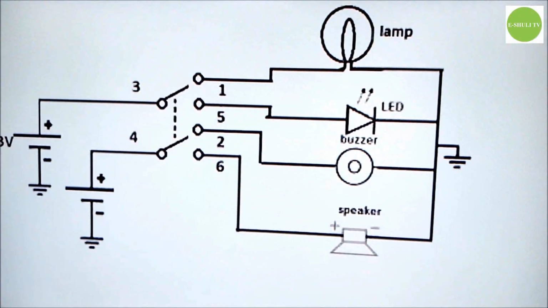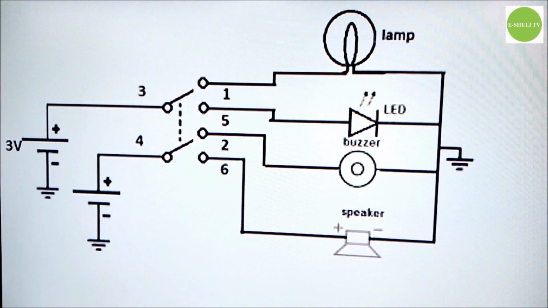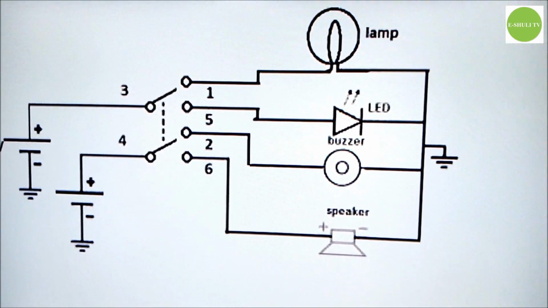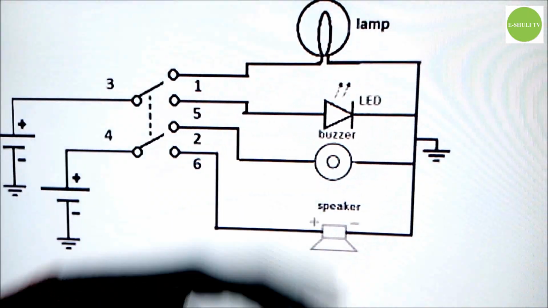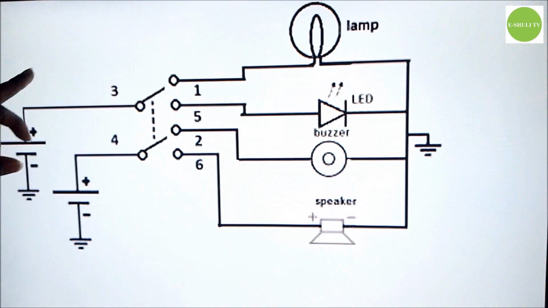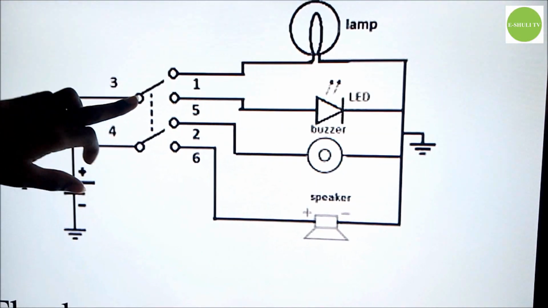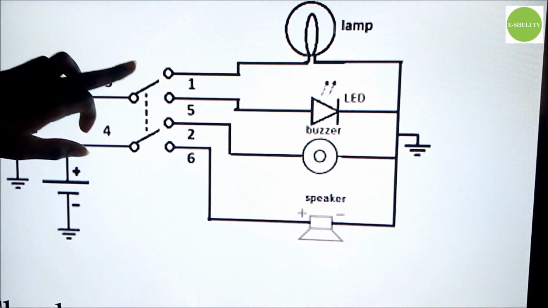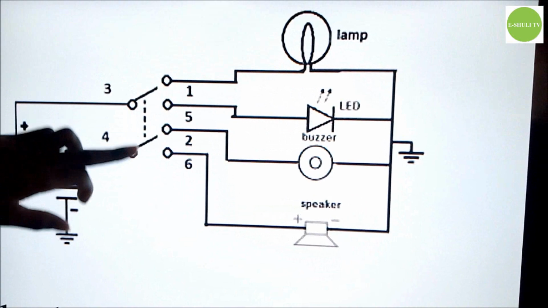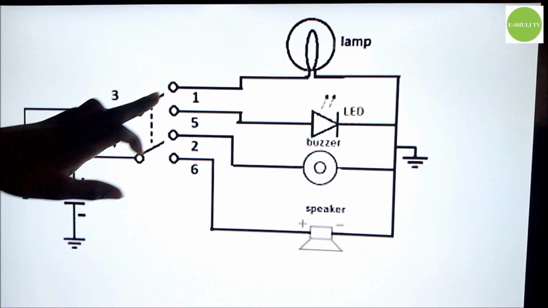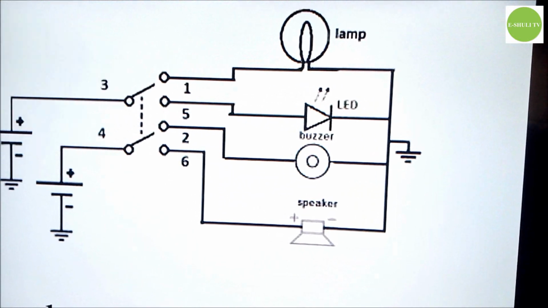hanyuma aha murabona iyi circuit iragaragaza uburyo double pole double through switch can work or can control the whole circuit. You see here we have terminal 3 and terminal 4, which are common. We can say they are common because they will control this output.